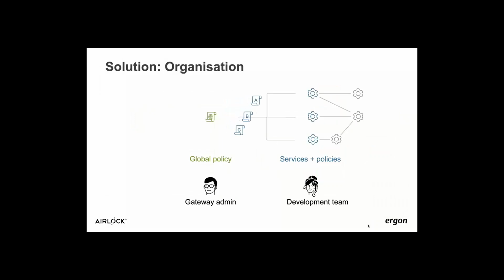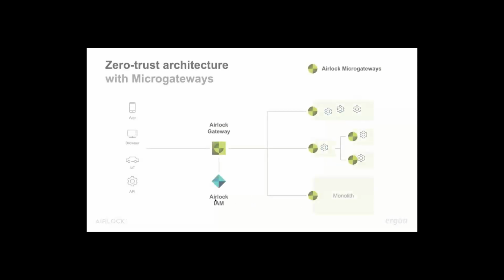So in our setting, that would mean that we could actually move these service-specific policies, the blue parts, more closely to the services where they are actually developed. And that's exactly where the microgateway comes into play, because you can enrich your architecture by having these microgateways, depicted by the circles in front of the services.